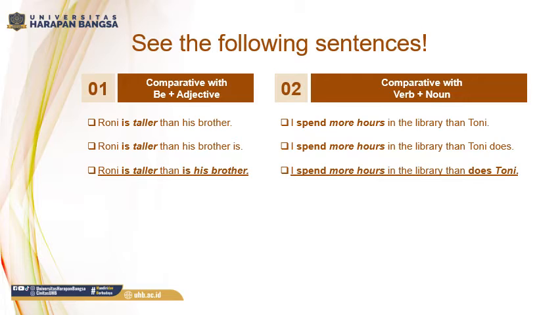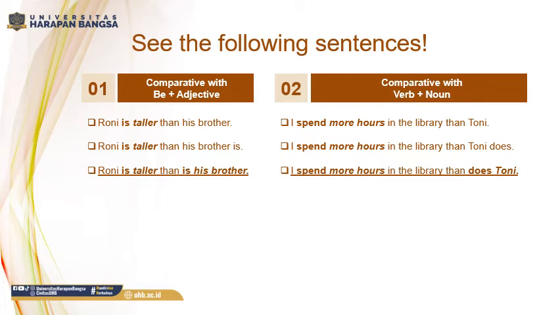Now let's take a look at examples using comparative with be plus adjective. Ronnie is taller than his brother. Next, Ronnie is taller than his brother is. Last one, Ronnie is taller than is his brother.